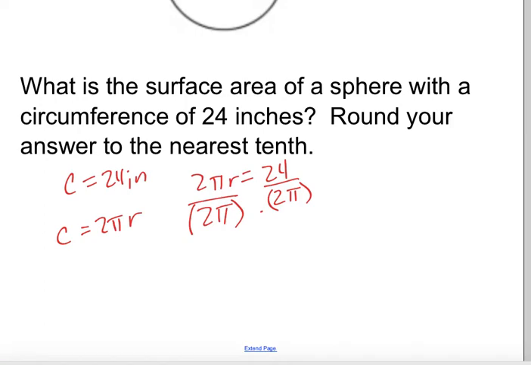Or you can divide by 2 first and then divide by pi. But if you don't put this in parentheses, it divides by 2 and then multiplies by pi, which will give you a much higher answer than you should end up with. So the radius that I should get here, 24 divided by parenthesis 2 pi, is about 3.82.